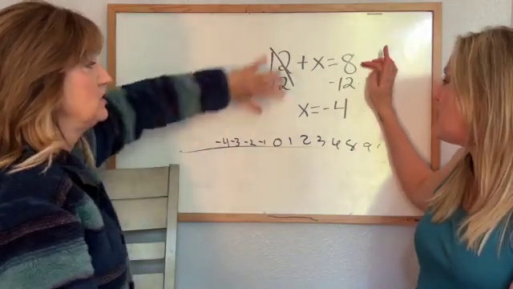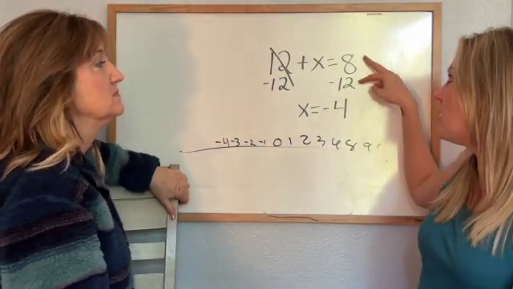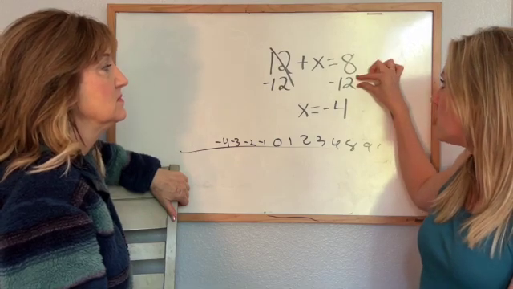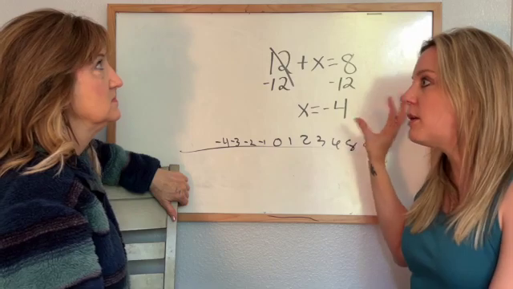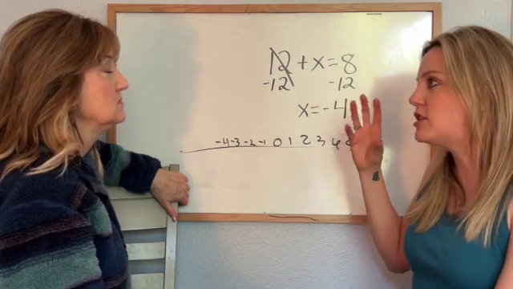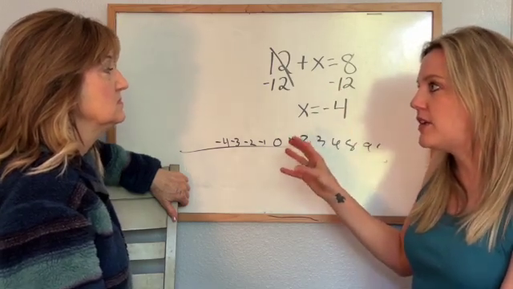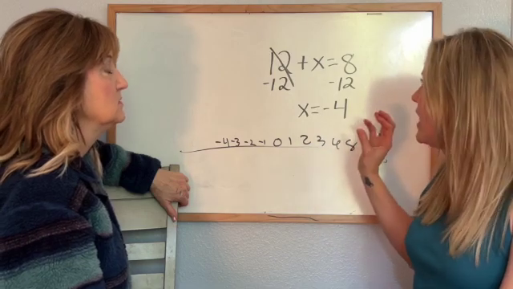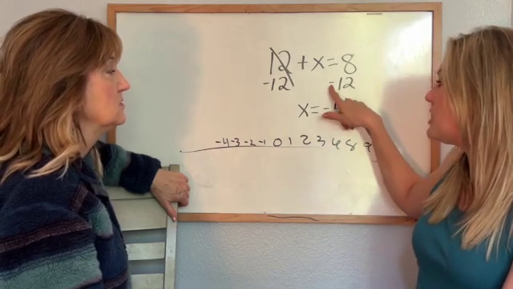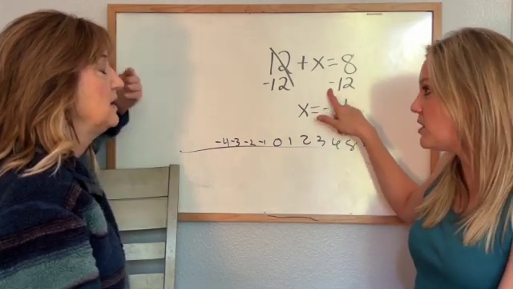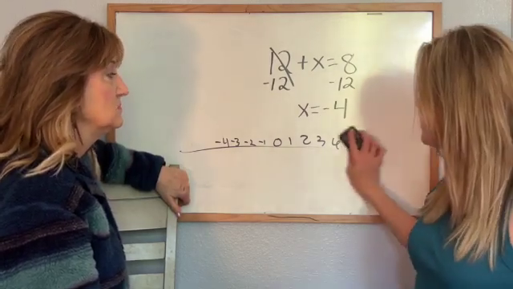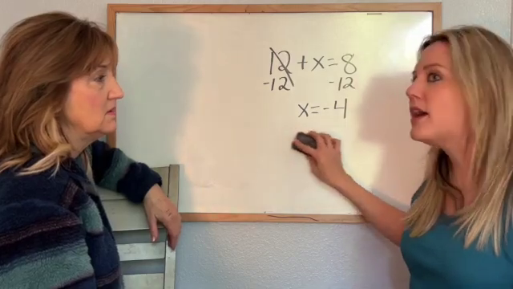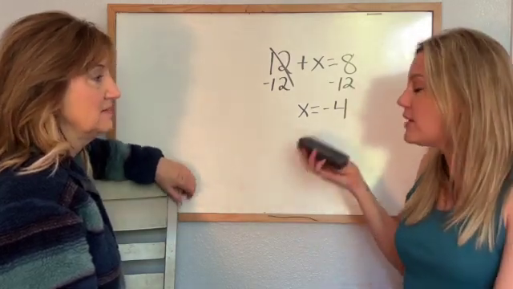If you can't, you could always just take the larger absolute value. That means the larger number, but we're not looking at the negative sign. We're just looking at the number itself, like the distance from zero. Okay. And then we take away the smaller one. We would just have to remember that it's negative, and put a negative number there. And you can use a calculator sometimes. After you get good at this, you can use a calculator.